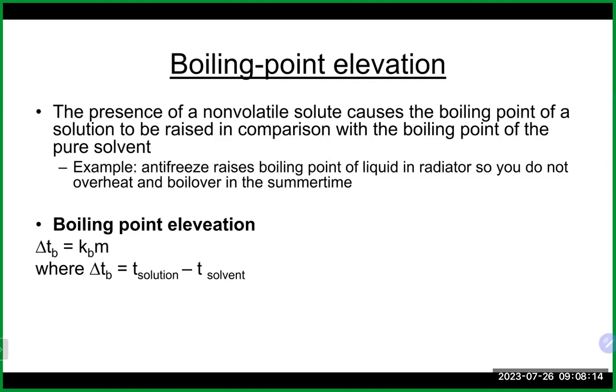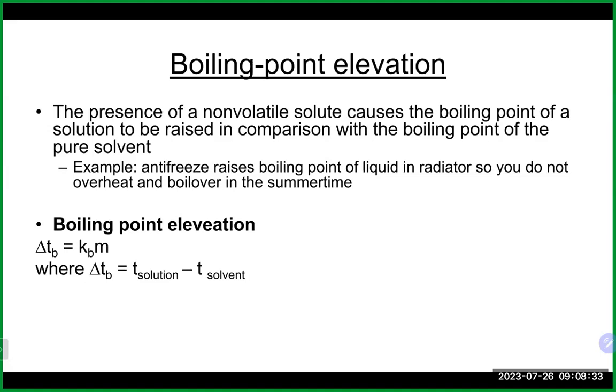And again, the presence of that stuff that's dissolved in there gets in the way of the process of those guys escaping the liquid part into the gas phase. And the result is they need a lot more energy to kind of weave their way through everything to escape the solution. And the result of that is your boiling point will actually elevate.